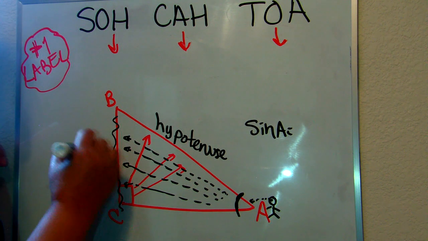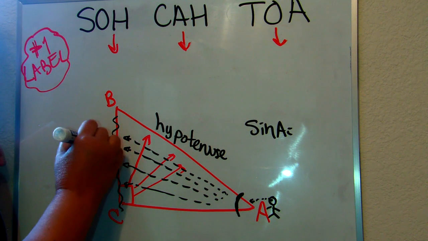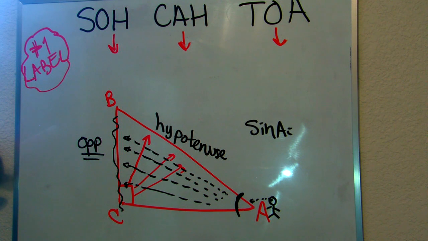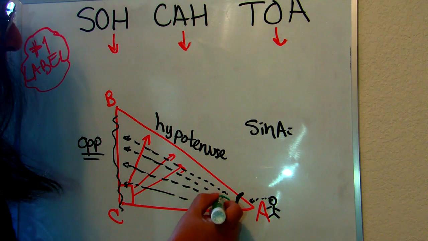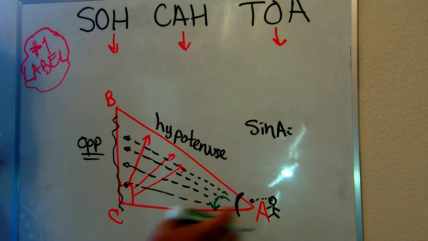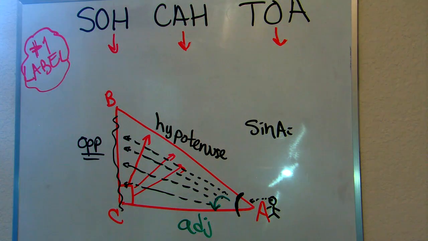So how do we call it? Because it's across from you, this is the opposite. I'm going to use the abbreviations. This is the opposite. Now, which is the wall that is right next to you? Right here, your next door, we call it the adjacent. So this is the adjacent.